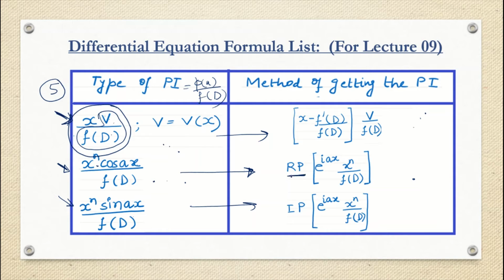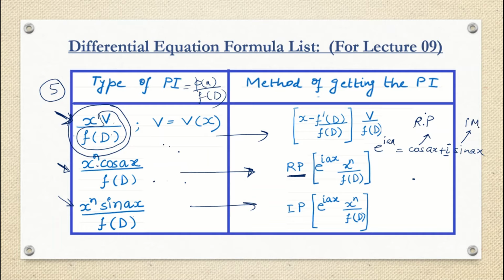Real part of what? You can see that e raised to i ax is present. e raised to i ax can be written as cos ax plus i sine ax. No, these things we have seen. So this is my real part, and whatever is present with i is my imaginary part.